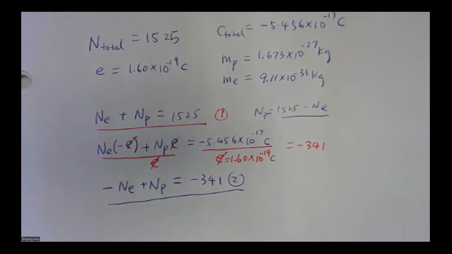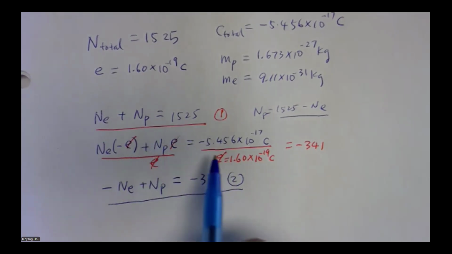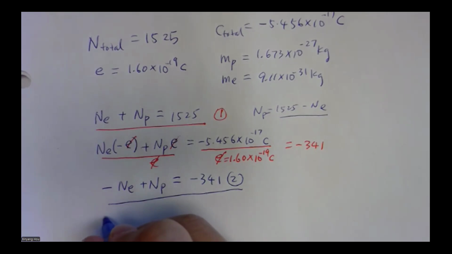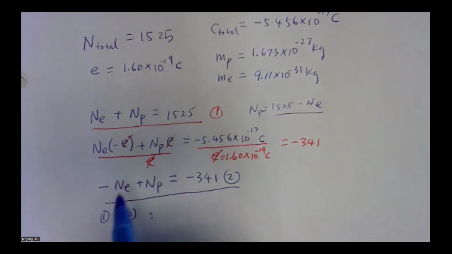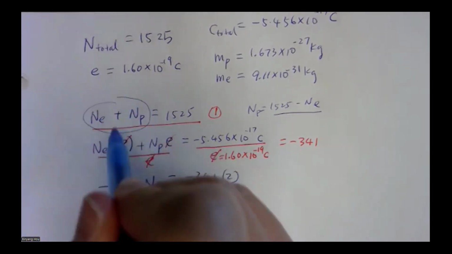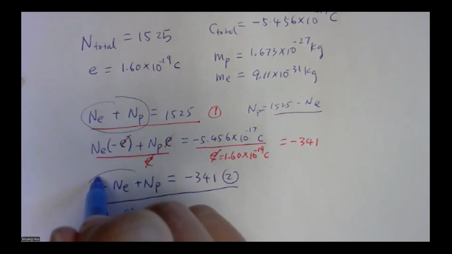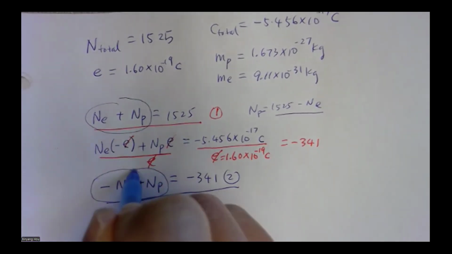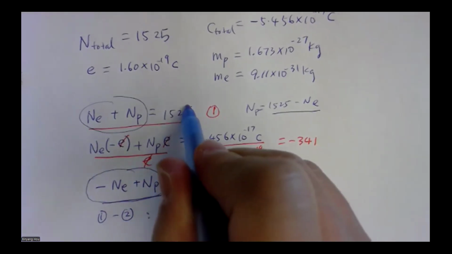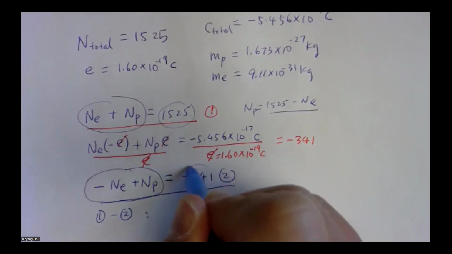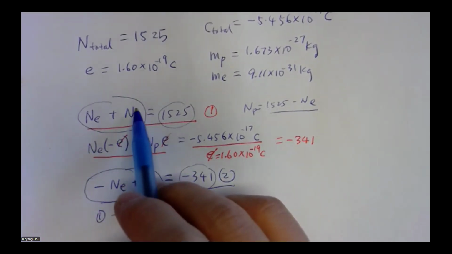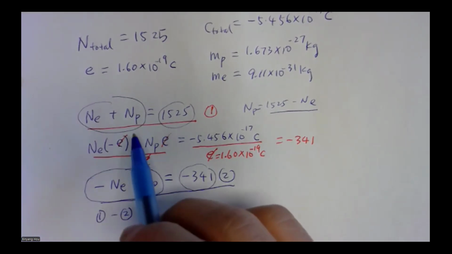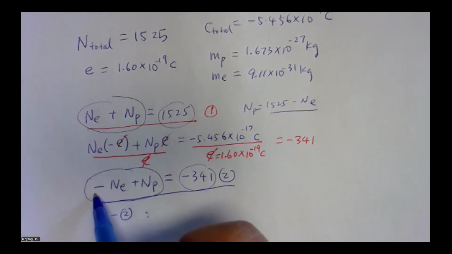I have another way of doing this. Because I have these two equations, I can do equation 1 minus equation 2, which means the right-hand side of equation 1 minus the right-hand side of equation 2 should be equal to the left-hand side of equation 1 minus the left-hand side of equation 2. If I do this minus that, you can see MP and MP will cancel. But NE minus of NE will give me 2 times NE.